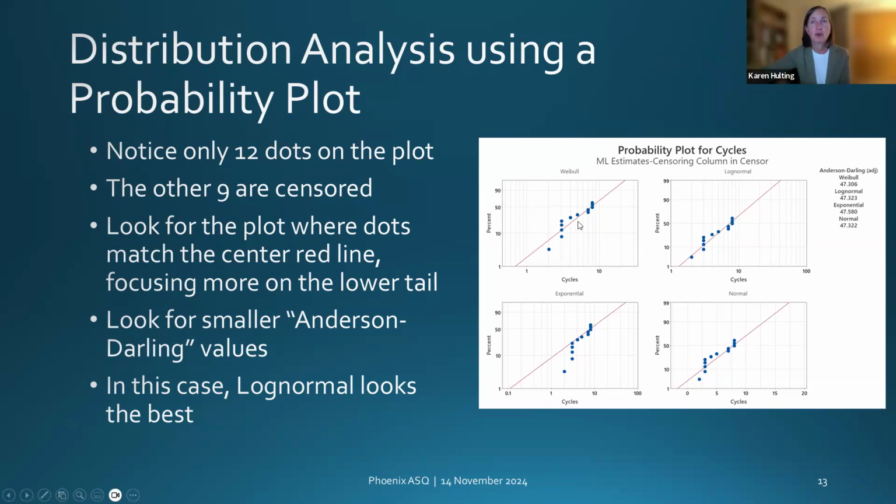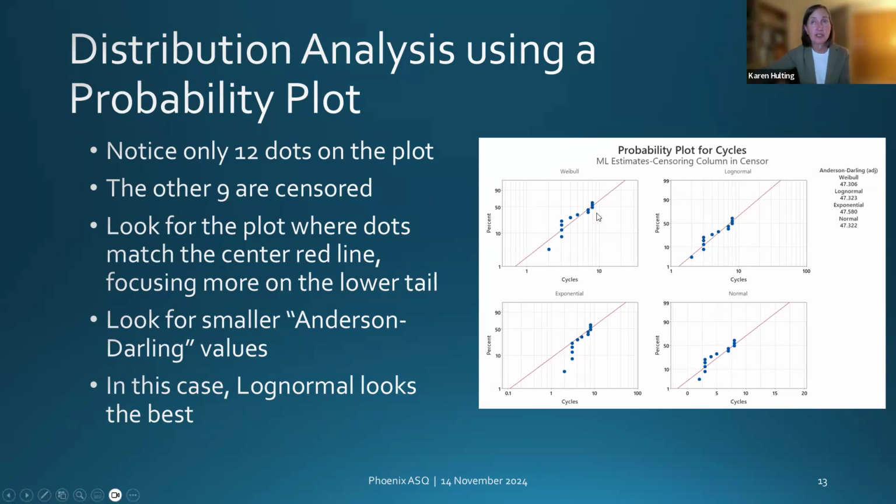And so what we're looking for in these 4 graphs is we'd like to see the blue points lining up along that red line. We notice that we only have a blue dot for the 12 units, the 12 observations of an actual failure point.